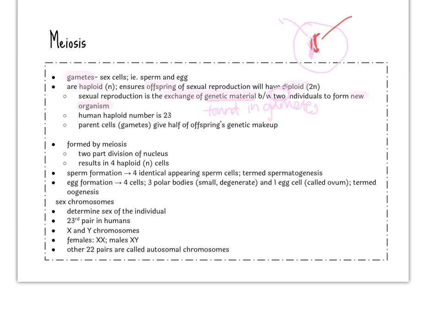So the haploid number for humans is 23, meaning that all of your somatic cells, all of your body cells, have 46 chromosomes, but your sex cells, your gametes, your sperm or your egg, only have 23. Because if we get 23 from mom and 23 from dad, put them together and you get 46.